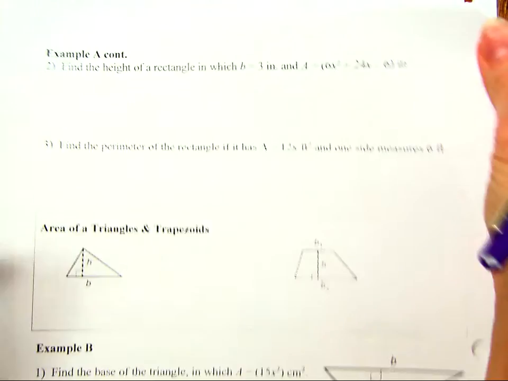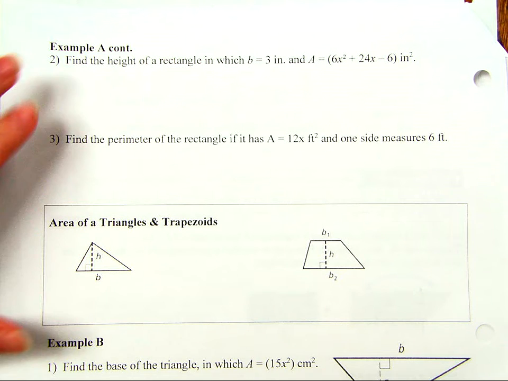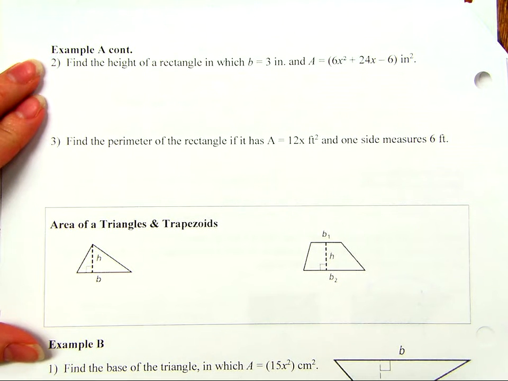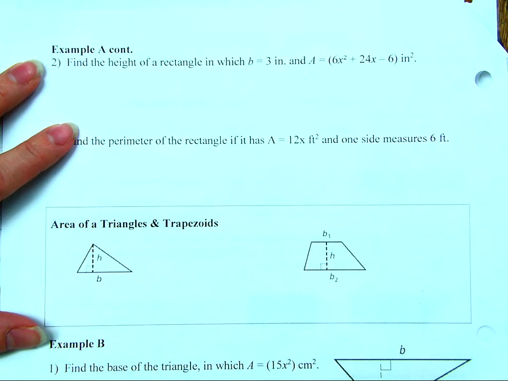Let's take a look at a couple more. They're going to throw in some algebra today. Example number 2 asks us to find the height of a rectangle in which the base equals 3 inches and the area equals 6x squared plus 24x minus 6 square inches.